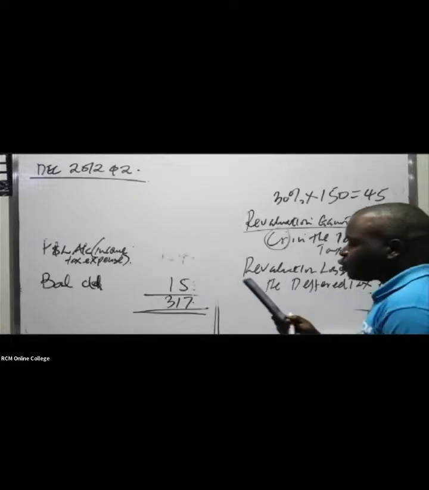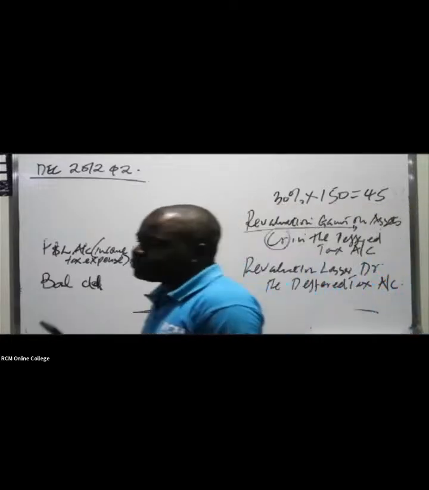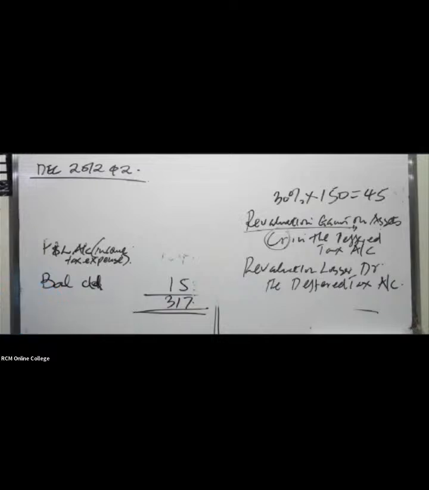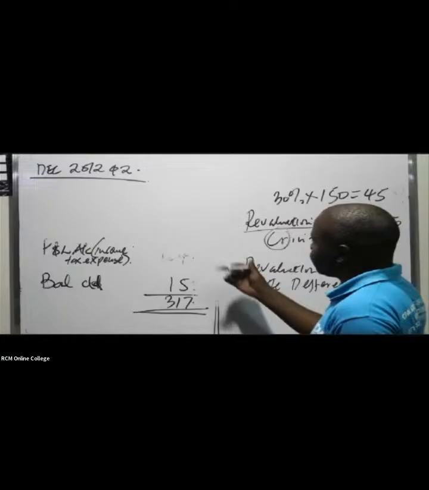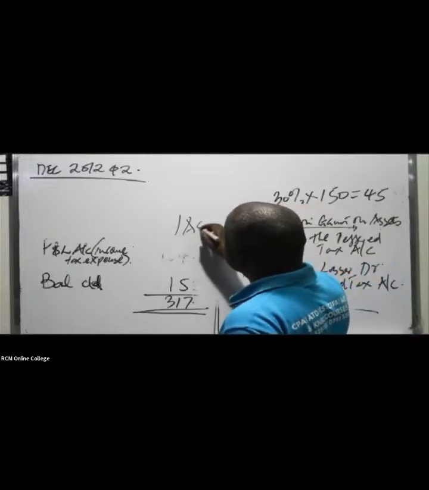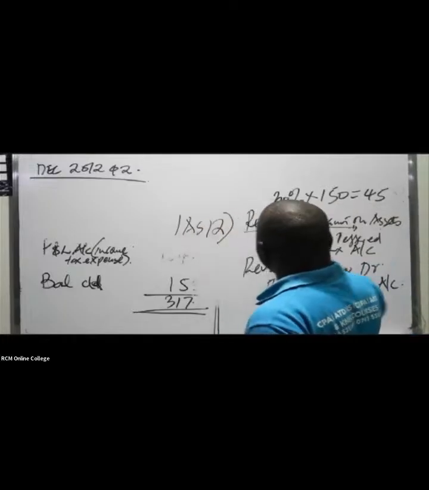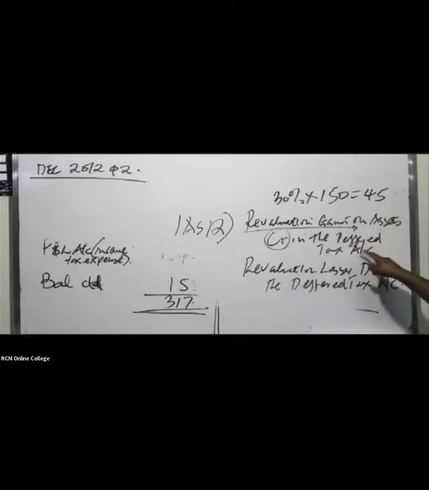So you can add 3050 plus 150, and of course the net effect will come into the deferred tax account. But according to IAS number 12, any revaluation gains on assets, you credit the deferred tax account; any revaluation losses, you debit the deferred tax account.